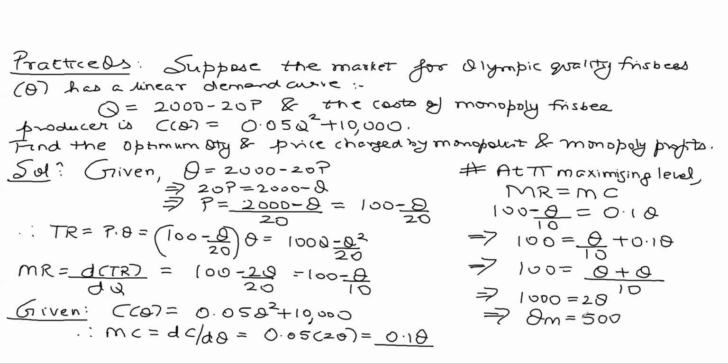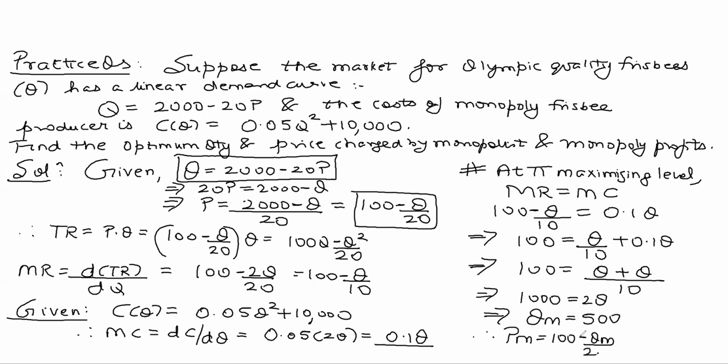Once we have got the quantity, we put it in the demand equation. This is my demand equation. So the price charged by the monopolist will be 100 - Q_M/20, which is 100 - 500/20, which is 100 - 25, which is 75.